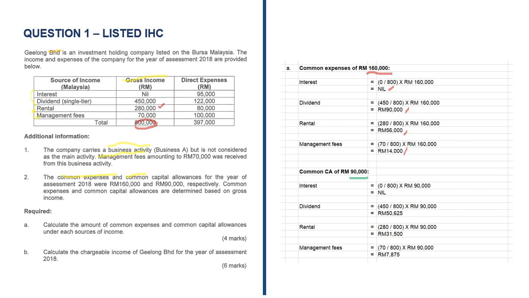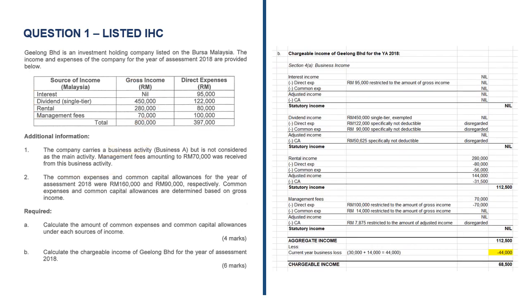So buat benda yang sama dan kita akan dapat untuk interest kosong CA dia, dividen RM50,625, rental RM31,500 and CA that belong to management fee sebanyak RM7,875. Alright, so we are done with the first part of the question.